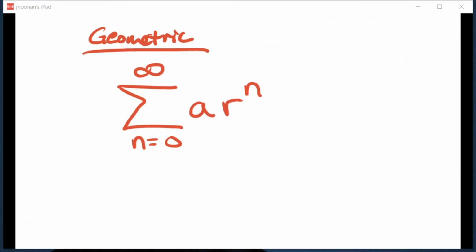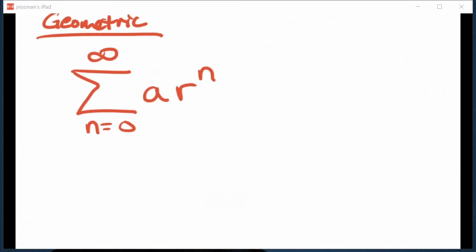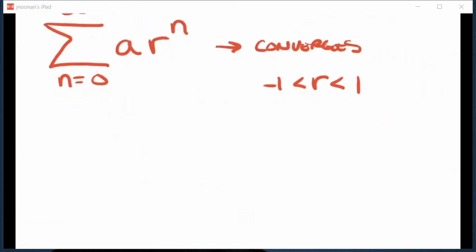I can put an example down, but we're used to this, I hope, by this point. This will converge as long as r is between -1 and +1. And we know what it converges to: a over 1 minus r.